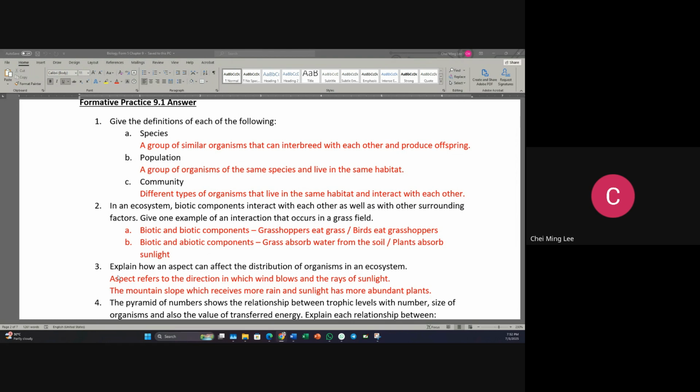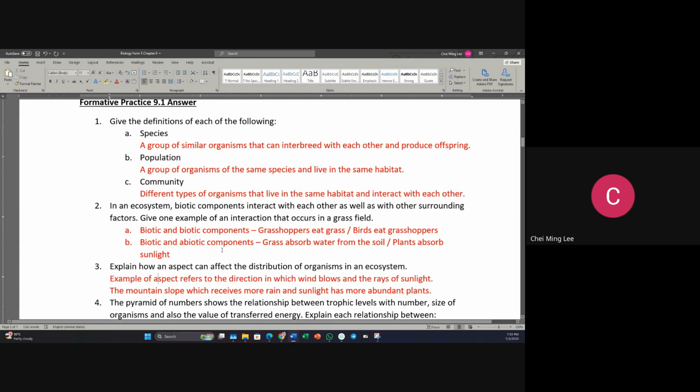It's one of the examples. Or a mountain slope which receives more rain and sunlight has more abundant grass. Aspect refers to those factors that will affect the distribution of organisms. You should give an example of aspect.